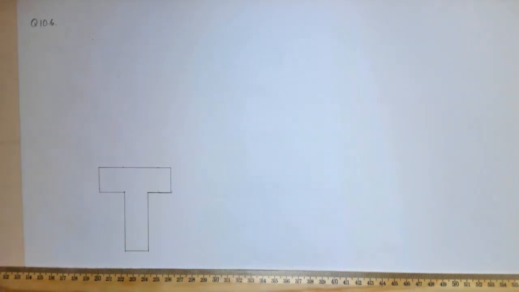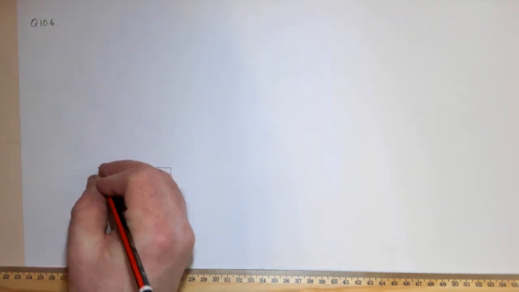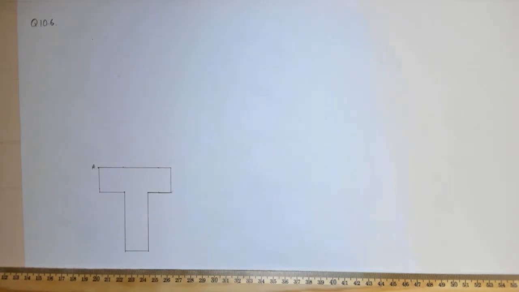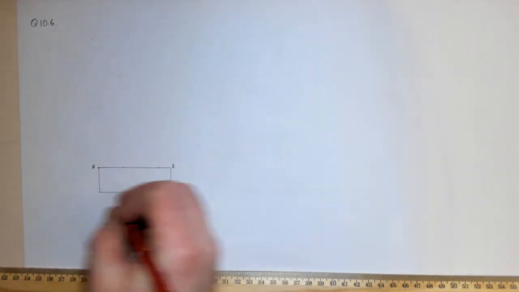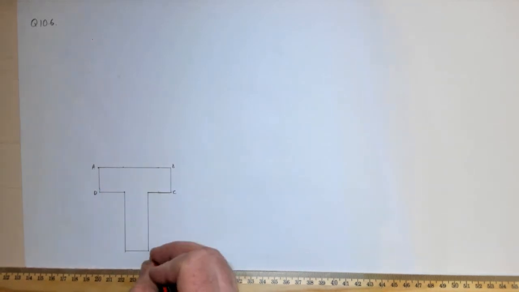It doesn't really matter, you can use the book for this one anyway. So locate point A1 is the first thing you have to do. So if we call this point here A, we can actually label all the points that were here. So we call this one B, C, D, E and F.